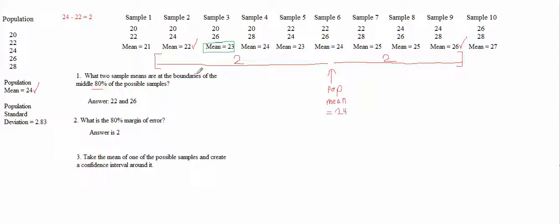I decided to work with sample 3. So 23 plus or minus 2. 23 plus 2 is 25. And 23 minus 2 is 21.